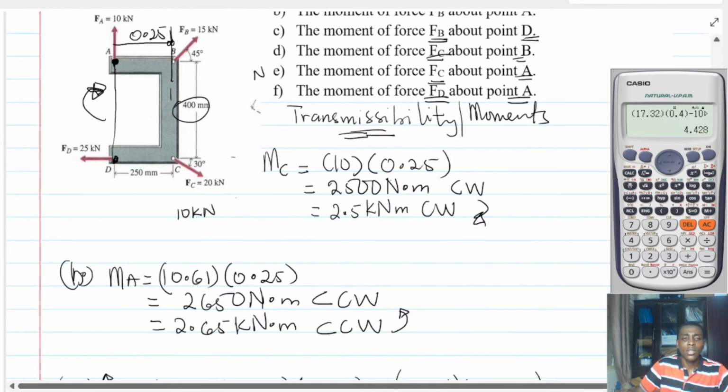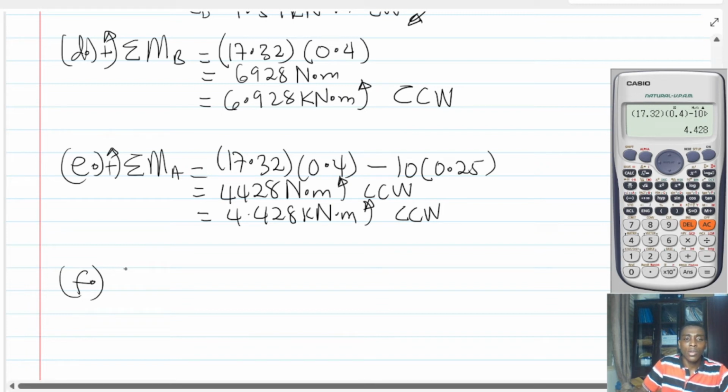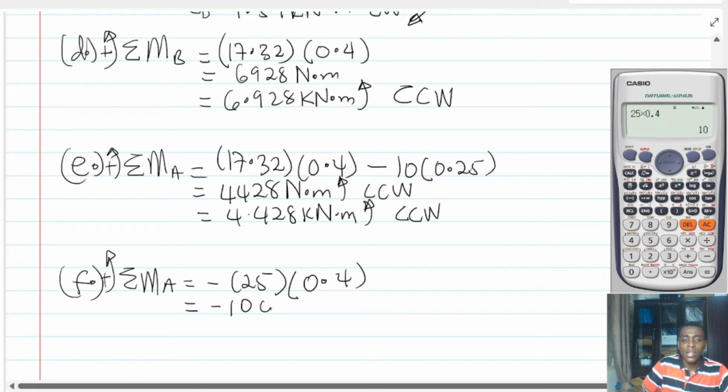Therefore, it's going to be minus 25 times 0.4, so minus 10,000 Newton meter.